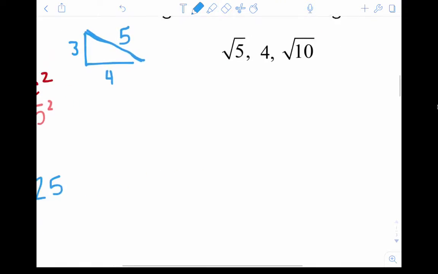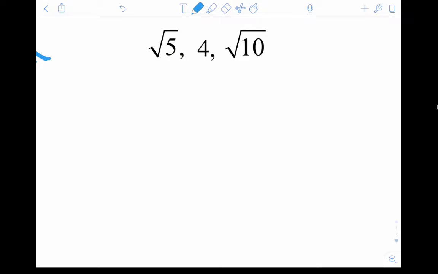Let's do another example. I have square root of 5, 4, and then square root of 10. My first thing I need to do is figure out which one of these is my hypotenuse, which is my c. But I can't just compare square root of 10 with 4 and with square root of 5.